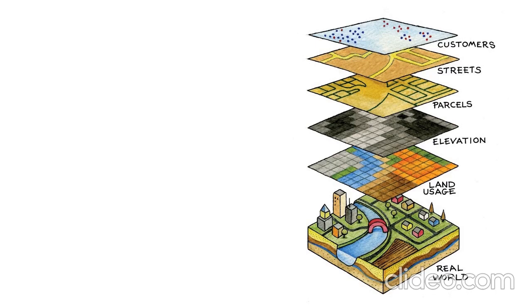For example, as indicated, a layer carrying information of different land use patterns, river, housing, farmland, etc. A layer containing elevation data, that is the elevation of landform from mean sea level. A layer containing the details of land parcels and maybe its ownership.